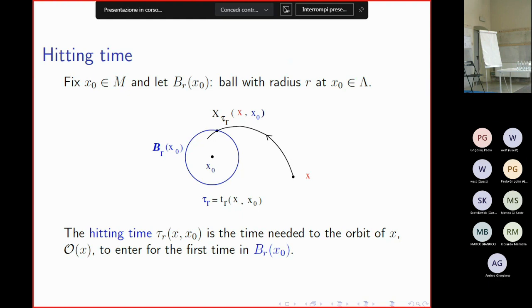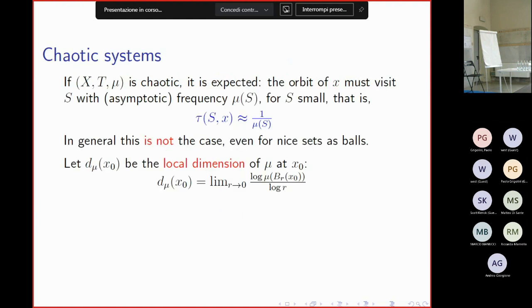For a chaotic system, it is expected that the orbit of a point visits a target with frequency mu of the target, for mu small. So it is expected that the behavior is proportional to 1 over the measure of the target. In general, this is not the case, even for a nice set such as balls.